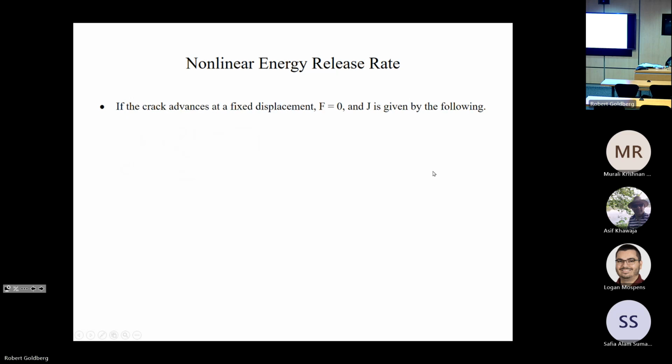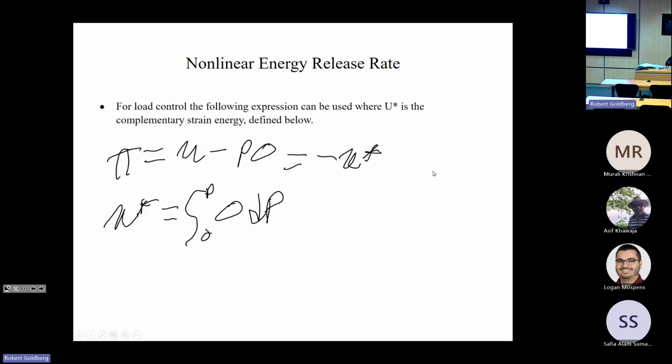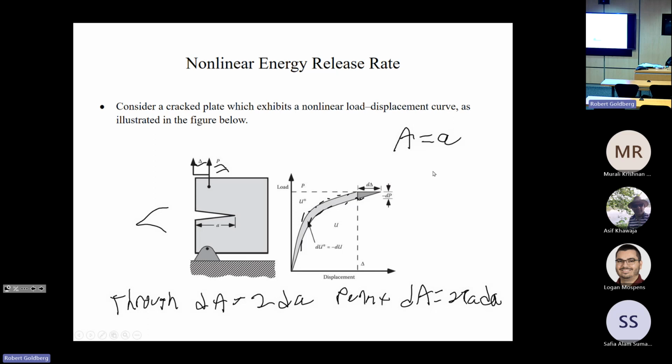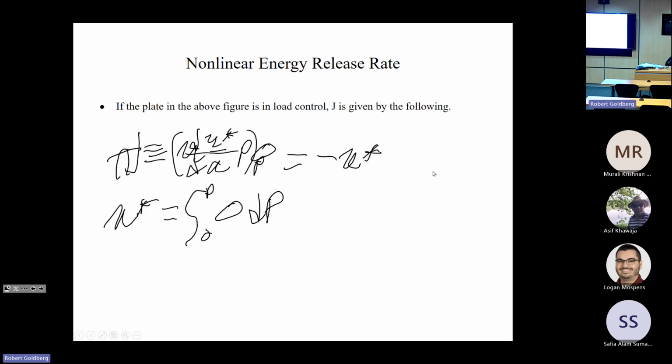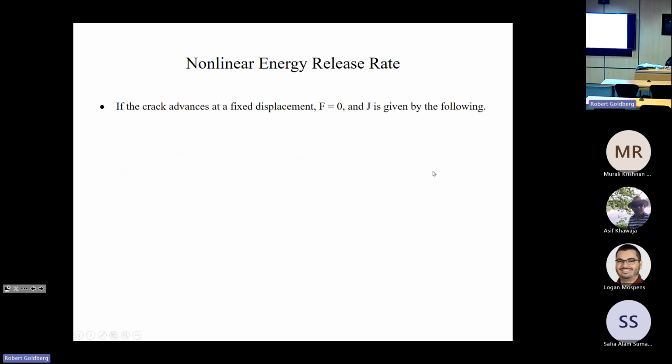And then conversely, if we have a fixed displacement, we don't apply the load, we just apply a specified displacement. And for that case, we can say that our nonlinear strain energy release rate is equal to negative of the derivative of our strain energy with respect to the crack length for the case of the specified displacement.